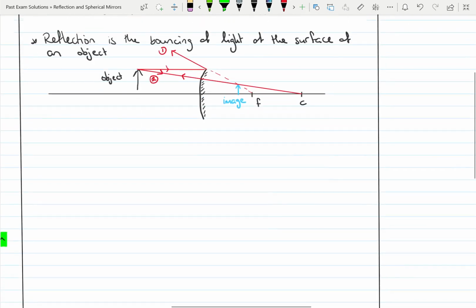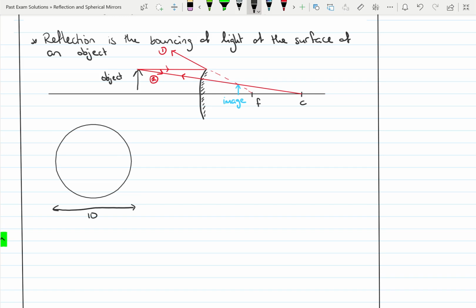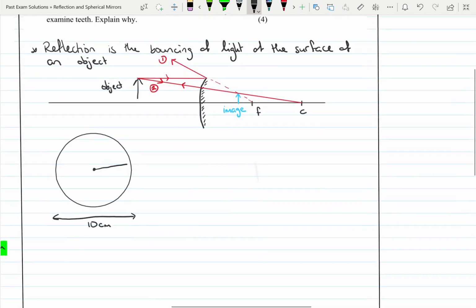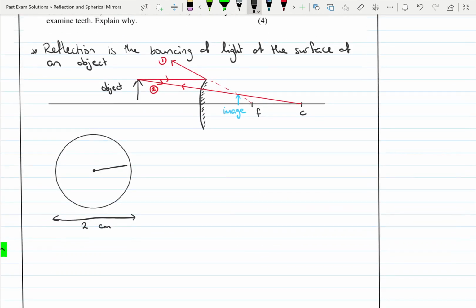Let's imagine there is our decoration, and we've been told that the diameter of that is 20 centimeters. Therefore the radius is going to be 10 centimeters.